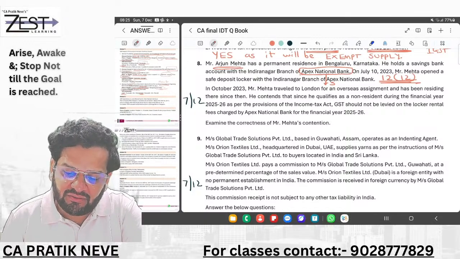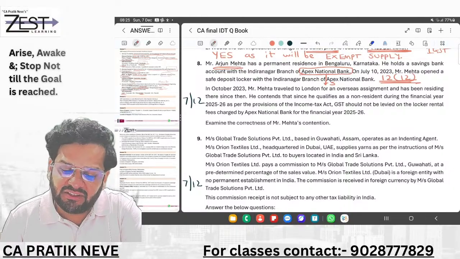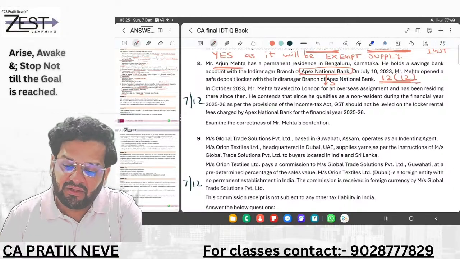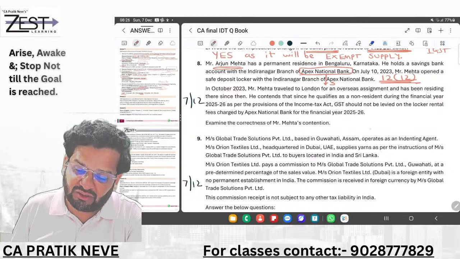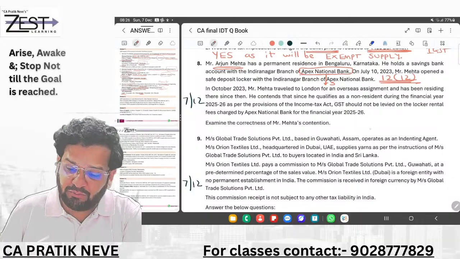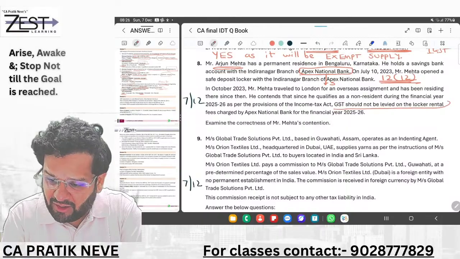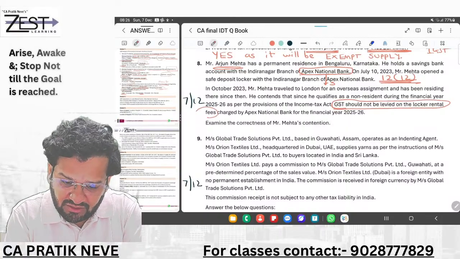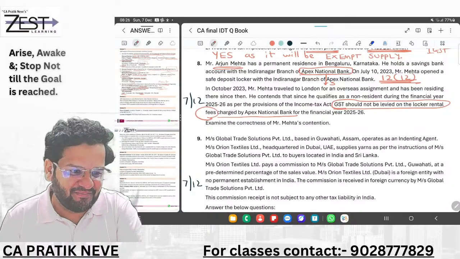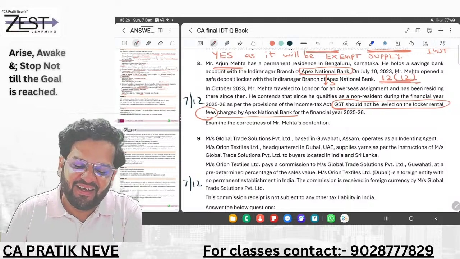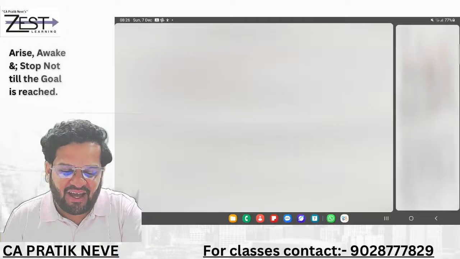In October 23, he traveled to London for overseas assignment and has been residing there since then. He contends that since he qualifies as non-resident during financial year 25-26, as per the provisions of Income Tax Act, GST should not be levied on the locker rental fees charged by Apex National Bank. Is it correct?